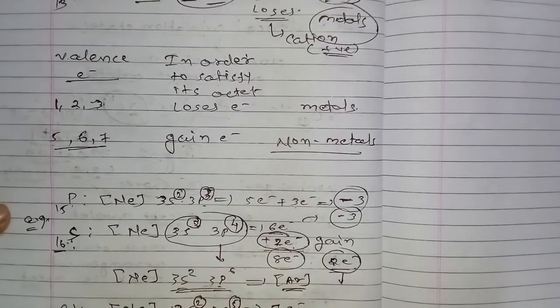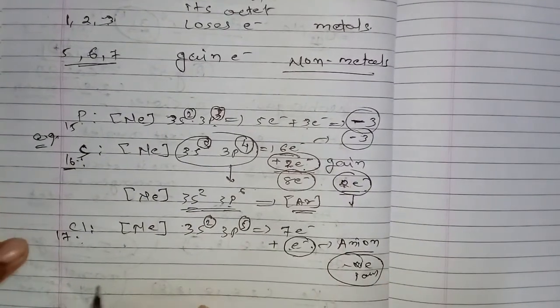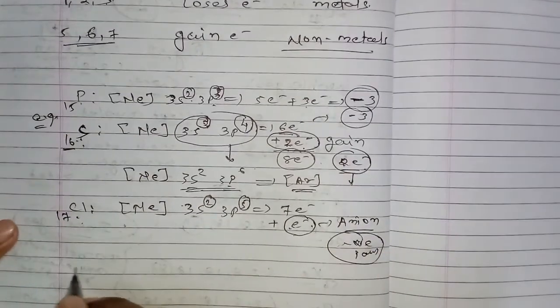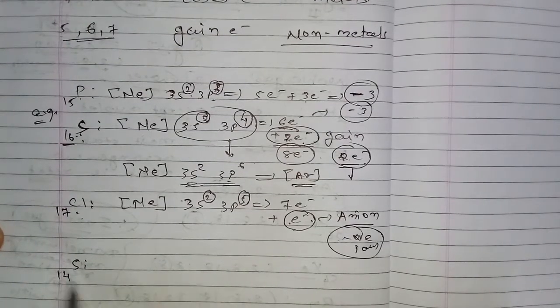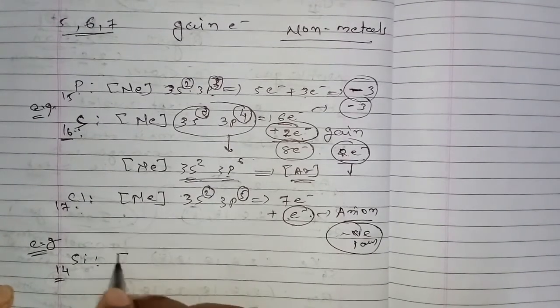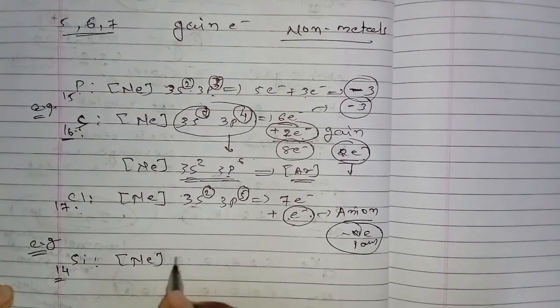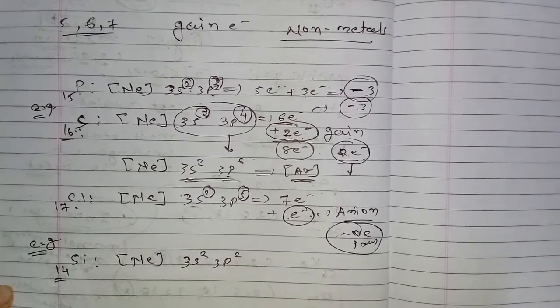Now suppose silicon, its atomic number is 14. Its electronic configuration will be neon 3s2 3p2.